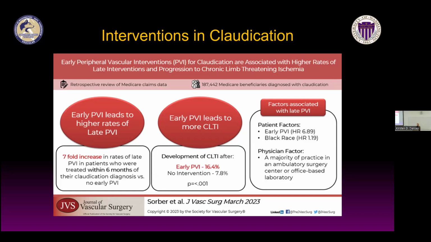There was also a physician factor: these procedures were more frequently happening in office-based labs, which are usually owned by the physician. So they're getting reimbursed for the office space as well as the procedure. They also found that Black race was associated with progression to CLTI as well as later PVI for these patients.